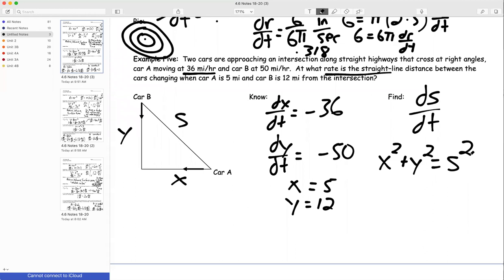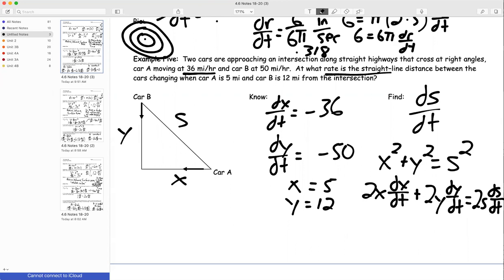The derivative of X squared would be 2x dx/dt. And the derivative of Y squared would be 2y dy/dt. And the derivative of S squared would be 2s ds/dt.